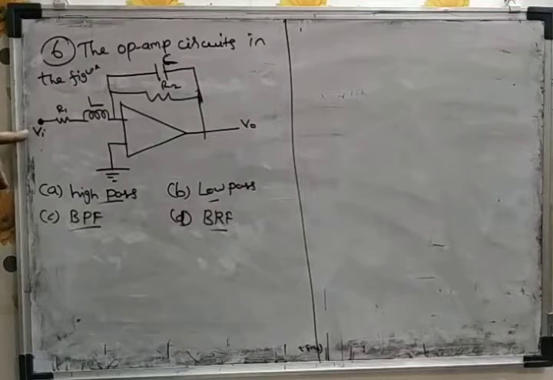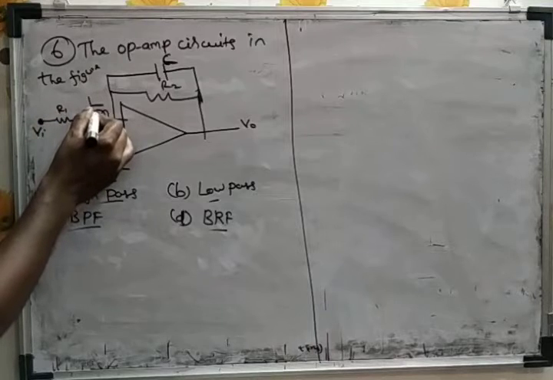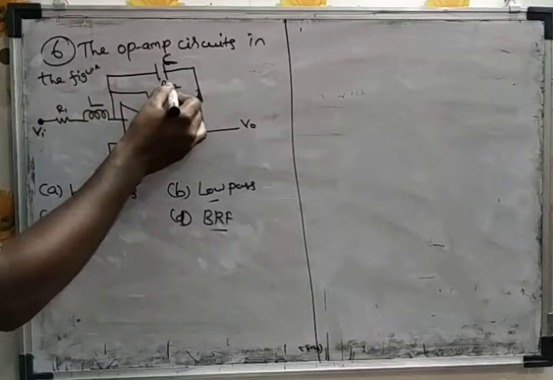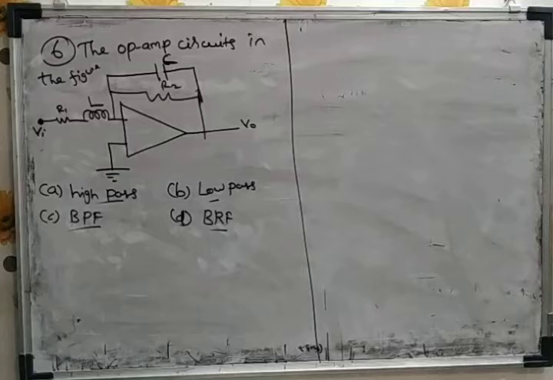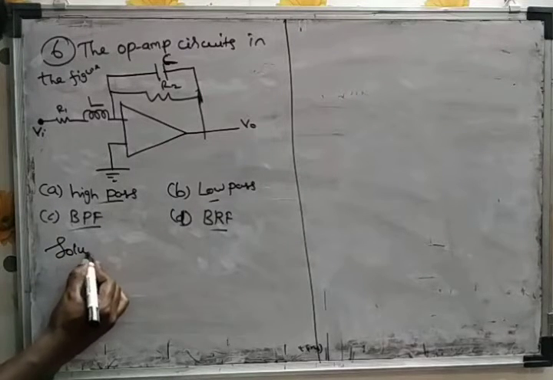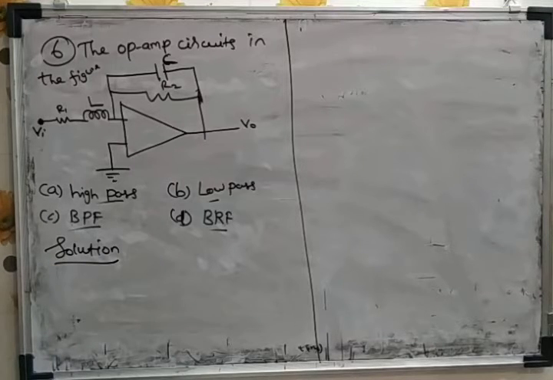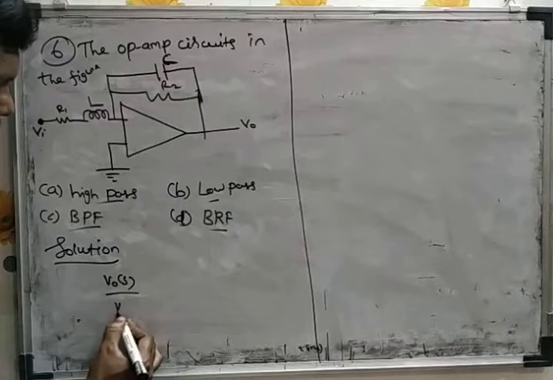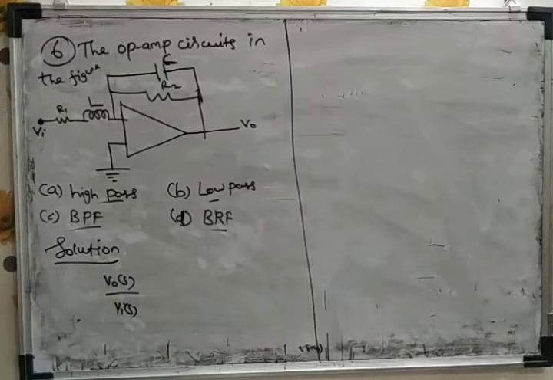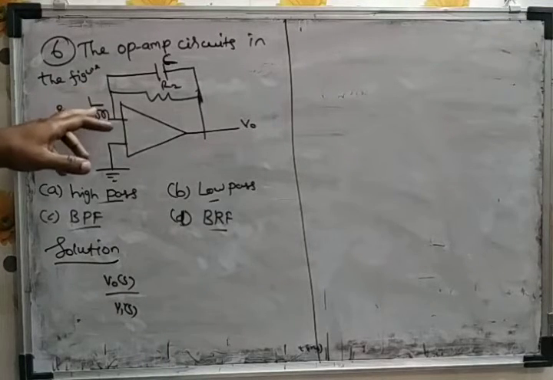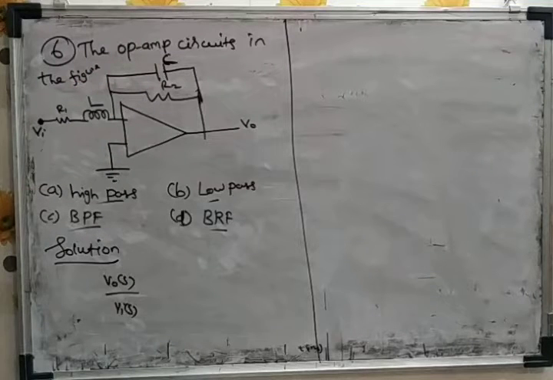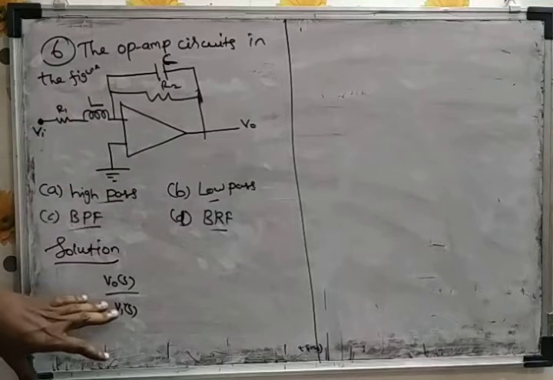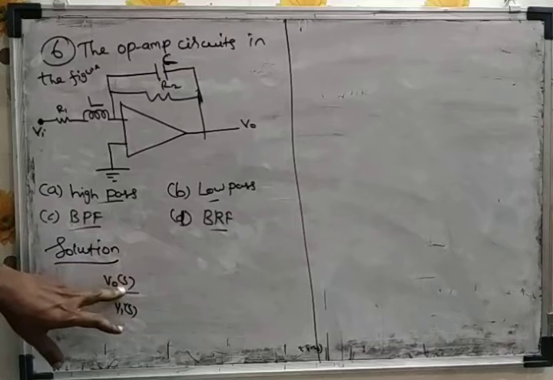Here your circuit has input VA, R1 in series connection with inductance L, and R2 in parallel connection with capacitance C in the feedback. We need V0(s)/VA(s). If you have inductance or capacitance, you have to analyze in the S domain only.